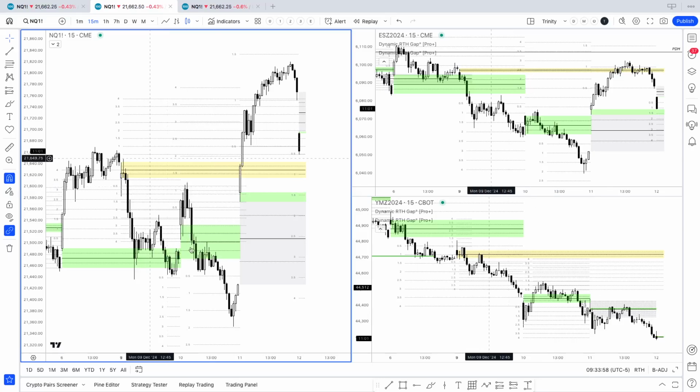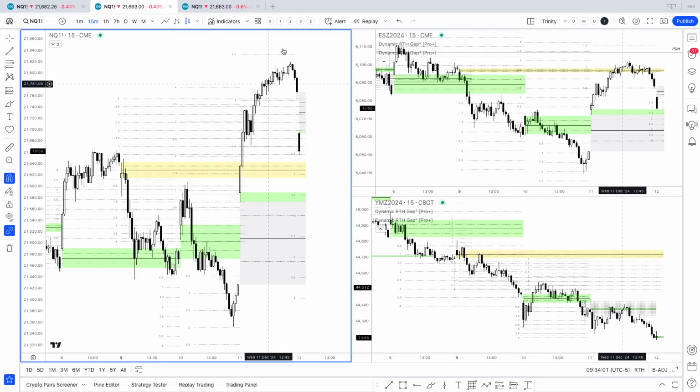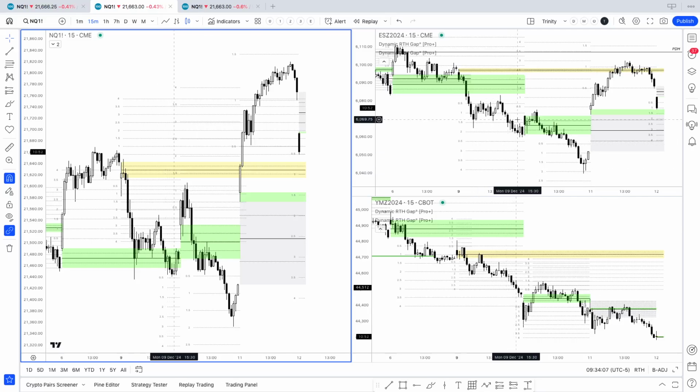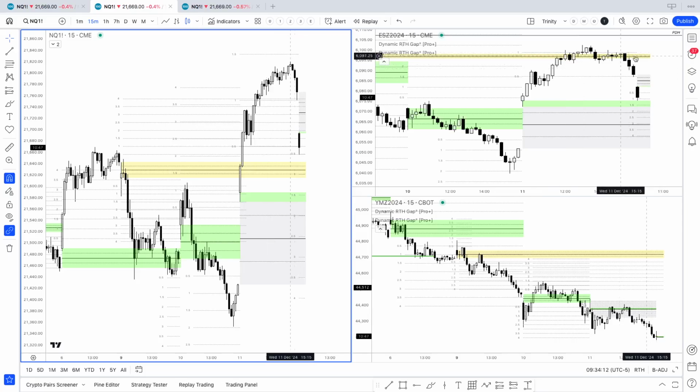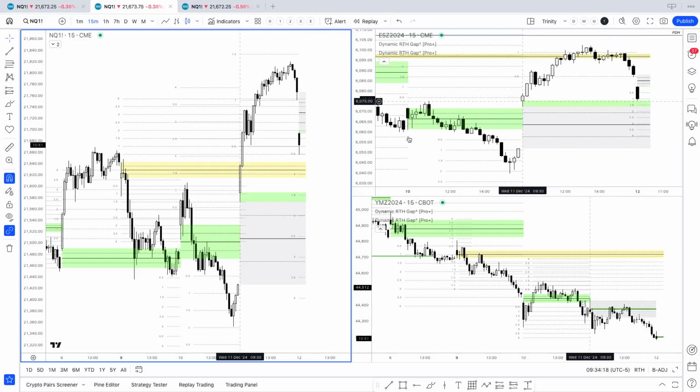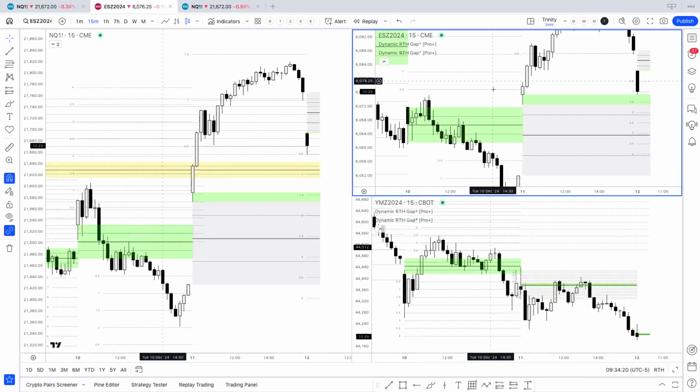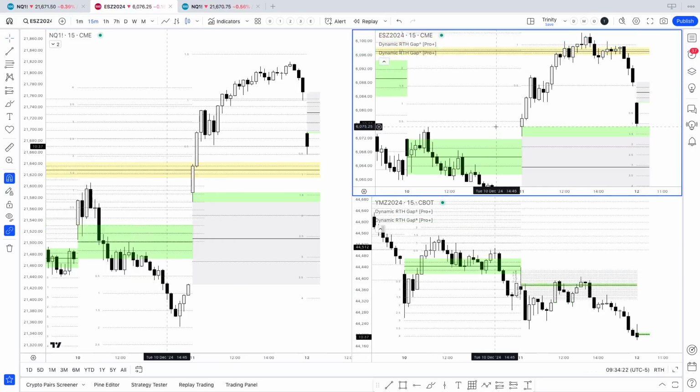You see? Discount, premium, fair value. So we can reach this area here. And ES now is trading below the weekly opening, and now ES is reaching the previous regular trading hours range here. You see?